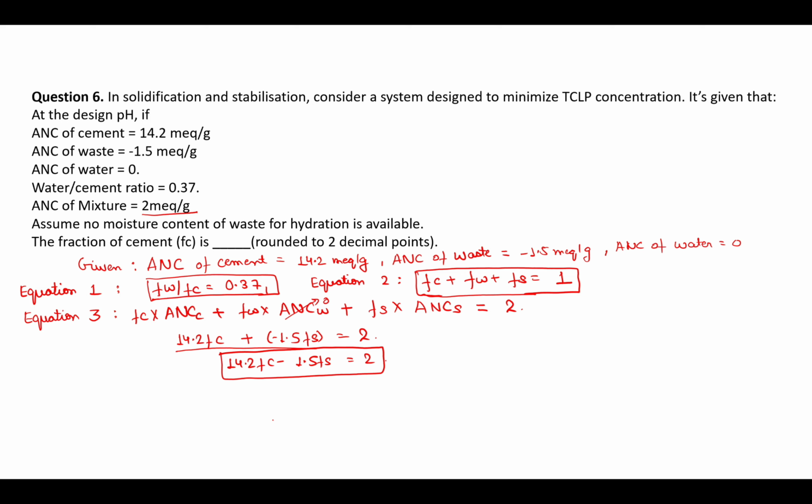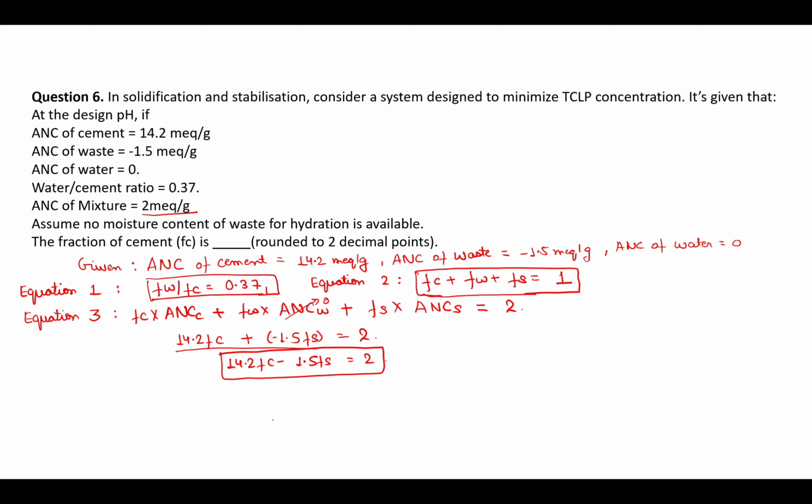So on solving, we are getting Fc as 0.215 and Fs is 0.705. So we have to find out the fraction of cement.